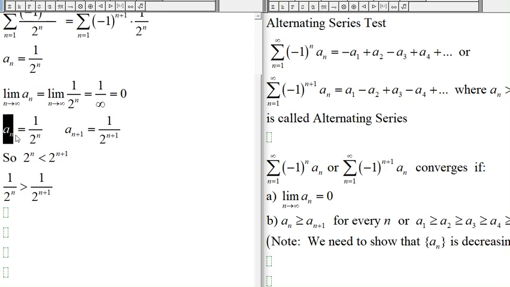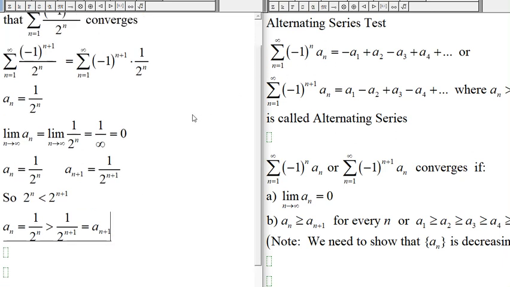And so, this is a sub n, and this is a sub n plus 1. And so we have shown two things: the limit of a sub n is equal to 0, and that a sub n is greater than a sub n plus 1. So both conditions are met. Then by the alternating series test, the series converges.